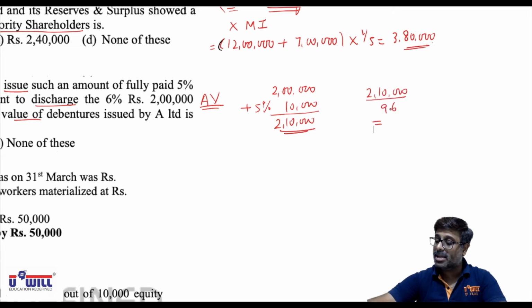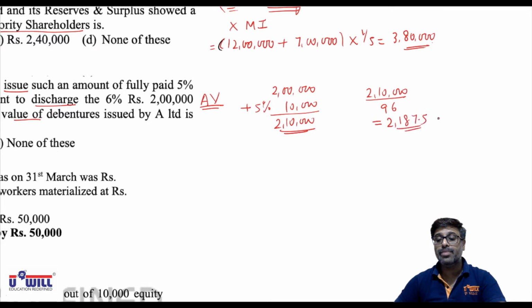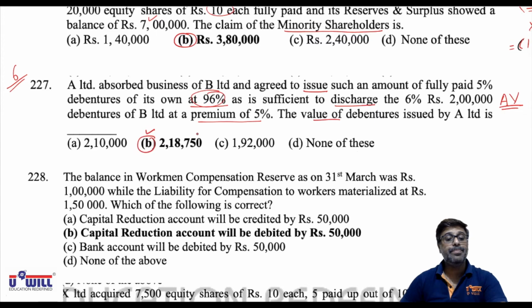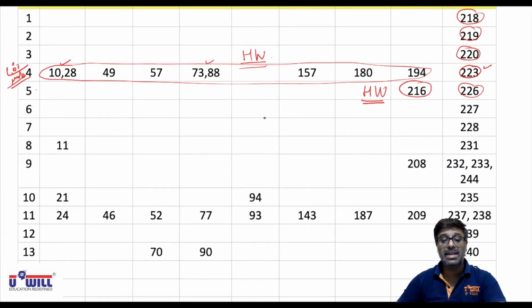So how many debentures would be issued? 2,10,000 divided by 96 gives 2187.5 debentures. So what would be the value of debentures? 2187.5 into 100, that is 2,18,750. This would be the value of debentures. Okay. Now, similar to question 227, there are no other questions asked in the past.